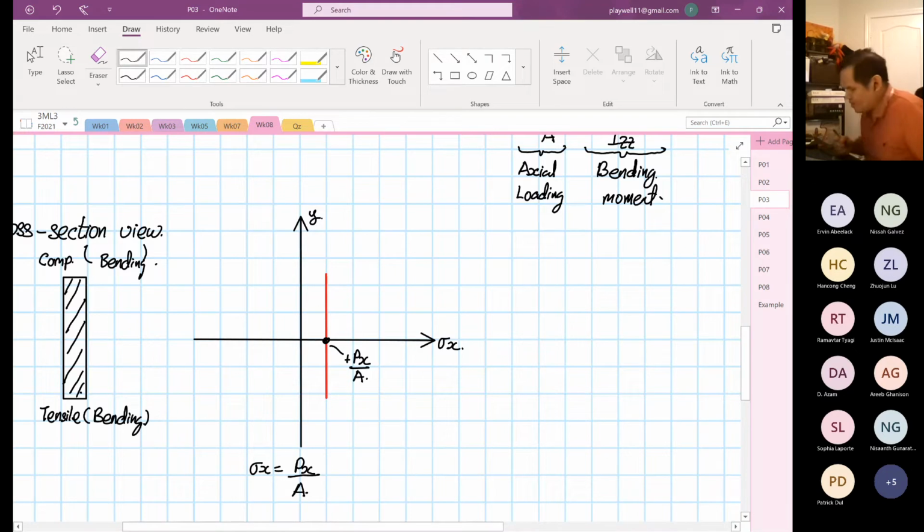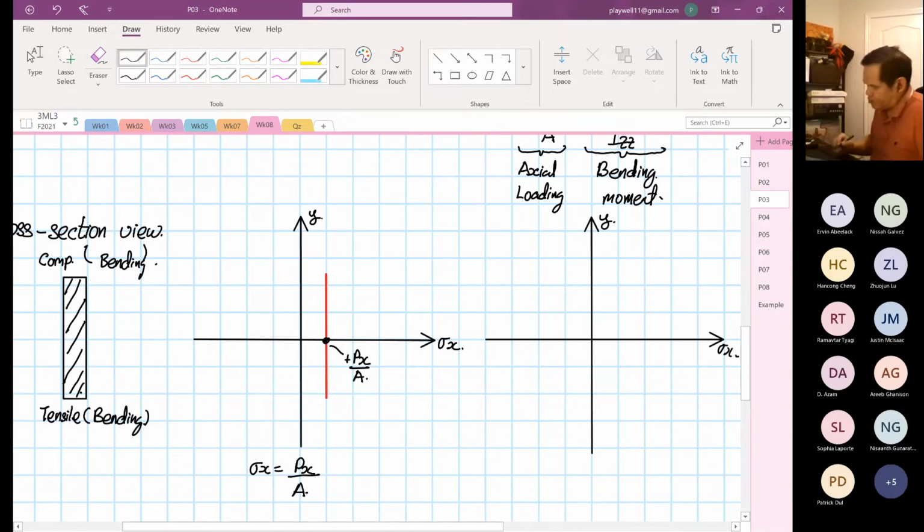Then the next one we are going to draw is due to our bending, and most of you are very familiar with how to draw it now, I hope, because I asked you in your quiz to sketch your stress profile. So this is your y, and this is still your stress x.